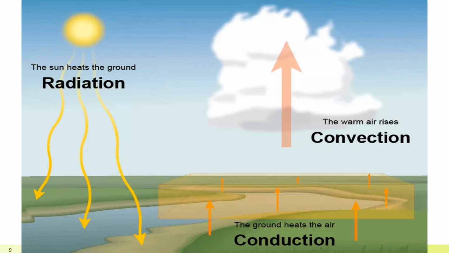When the air near the ground is heated and becomes very hot through conduction, it will start to rise and the cool air will sink. This is convection, and this happens every day and every second to warm up the atmosphere.